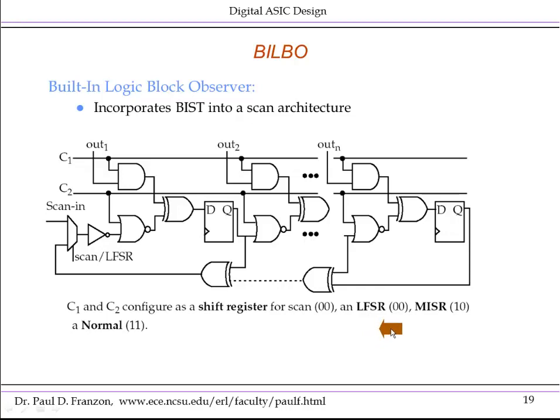If C1 and C2 are set to 0, 1, then it operates as an LFSR through these XOR gates. If it's set to 1, 0, the LFSR is convolved with these inputs from the combinational logic block to produce a signature. If C1 and C2 are 1, 1, then simply the out is presented to the D inputs of the flip-flop. You can verify this logic for yourself in the circuit above.